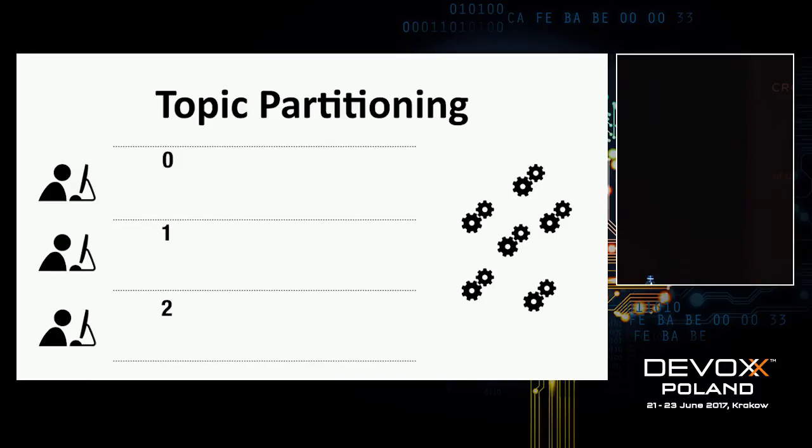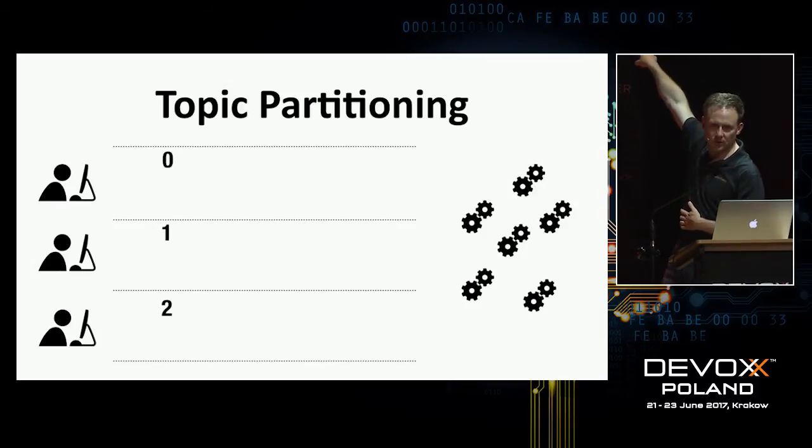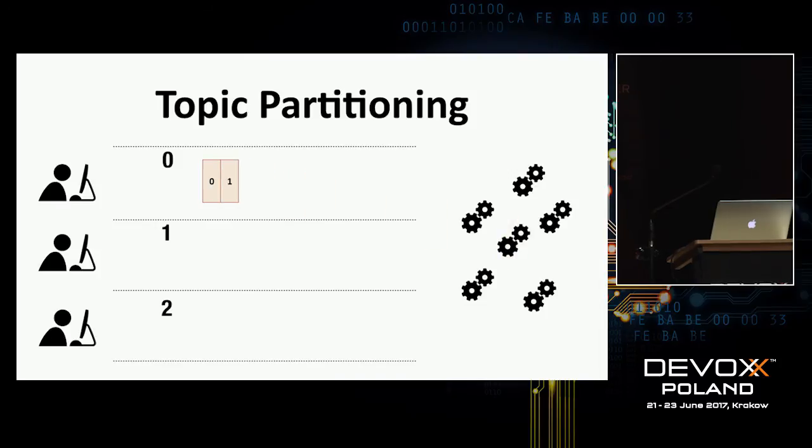So, let's say instead of just one partition, I want to partition into 3 brokers. I want 3 brokers to cooperate in handling this topic. So 0, 1, and 2 are 3 separate computers. I've got my producers over here on the right, I've got my consumers on the left, and my producers will just start to make messages.